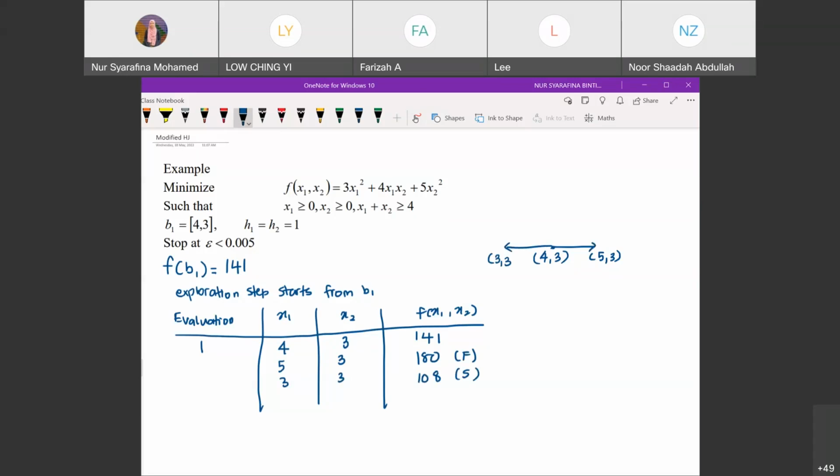Then from here, move up, which will give you 3 and 4. So F(3, 4) gives 155, right?